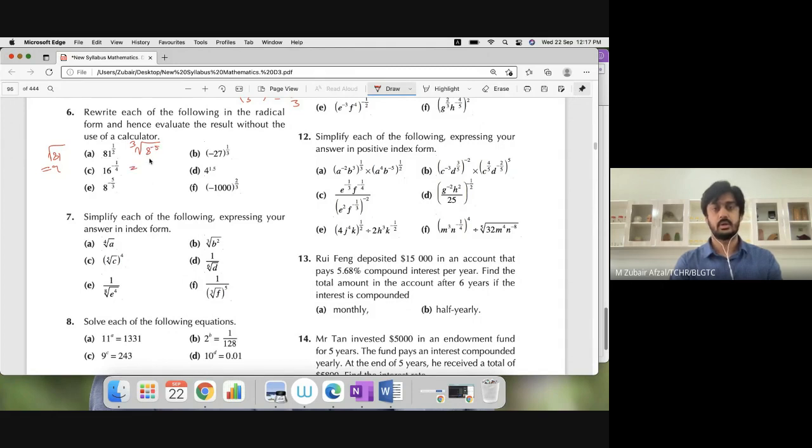And we can do this: 8 is 2 cubed, so let's change it this way. May I write it as 2 cubed raised to power minus 5 by 3. 8 is converted into base of 2, and 3 cancels out with 3. You're left with 2 raised to power minus 5. Ultimately 1 over 2 raised to power 5, and that is 1 by 32.